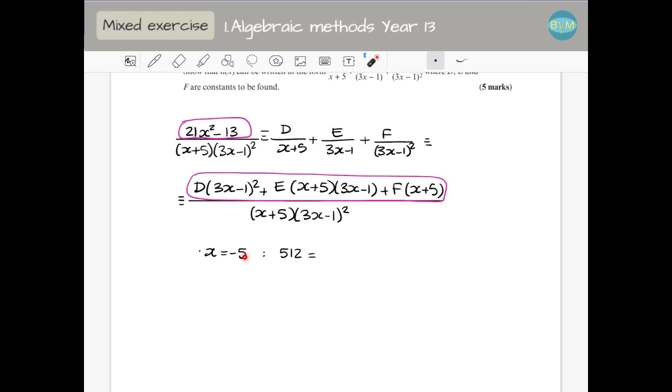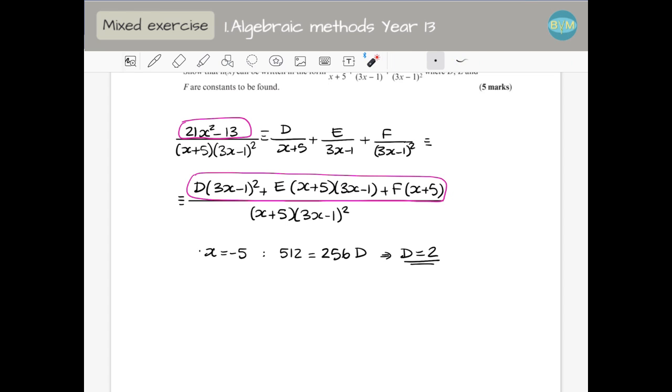This one, when x is minus 5, I have 3 times minus 5, which is minus 15, minus 1 is minus 16. That one squared is 256 times d. And that means that d is 512 divided by 256, which is 2. So using substitution, we found d very quickly.